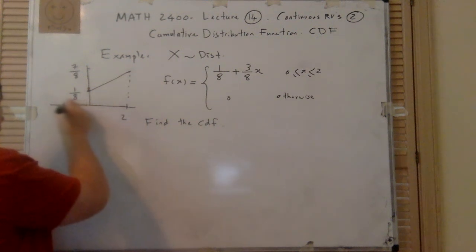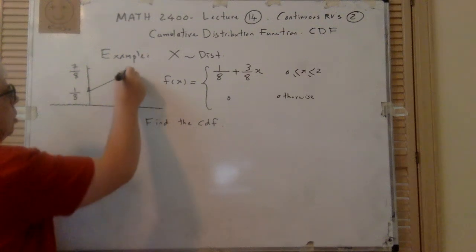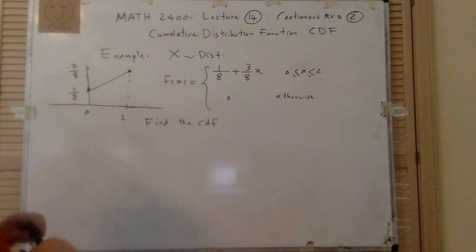So it's 0 here and 0 here. It's only non-zero from 0 to 2.